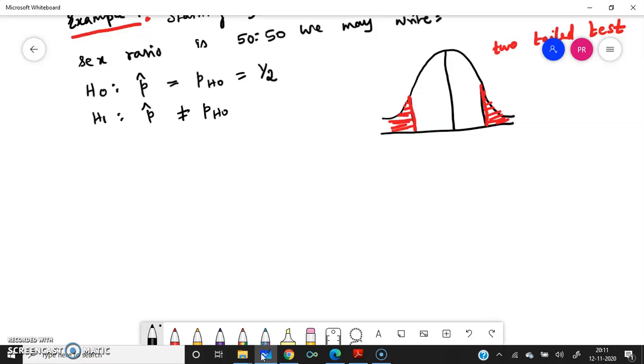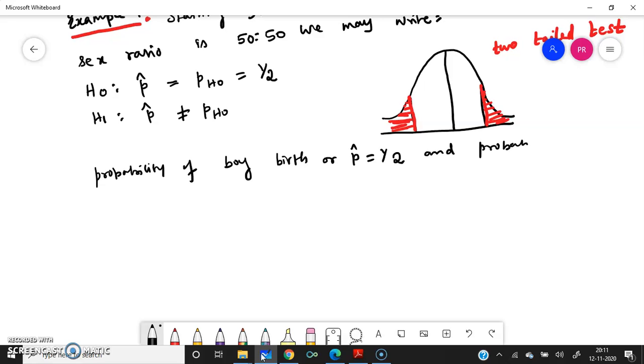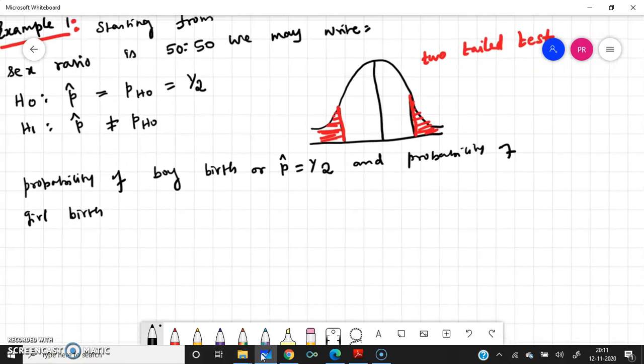Hence the probability of boy birth, P, which is equal to half, is given, and the probability of girl birth will be 1 minus P. We have talked about the boy's birth, no?